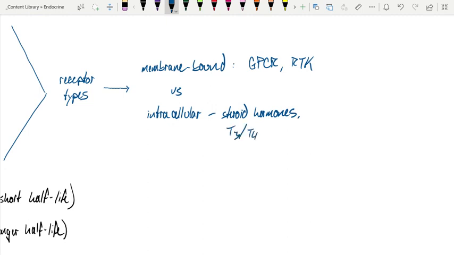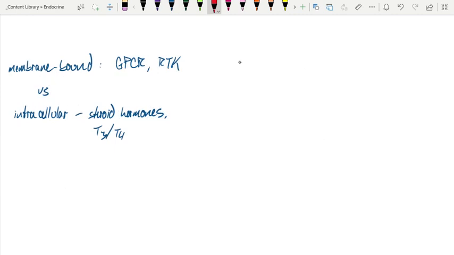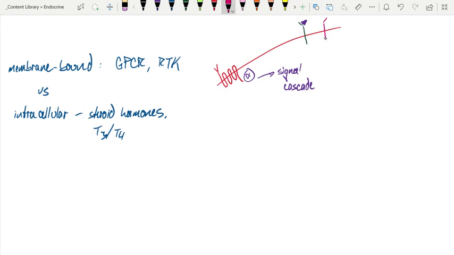Let's just give you an idea of what these might look like. So if we're talking about membrane-bound, here's the surface of the cell. A G-protein-coupled receptor is a 7-pass transmembrane receptor associated with the activation of the alpha subunit of the G-protein, and this is what's going to trigger the signal cascade. With receptor tyrosine kinases, it's something slightly different. This requires 2 different receptors, where ligand binding, shown here in purple, recruits a second receptor to create a paired receptor.